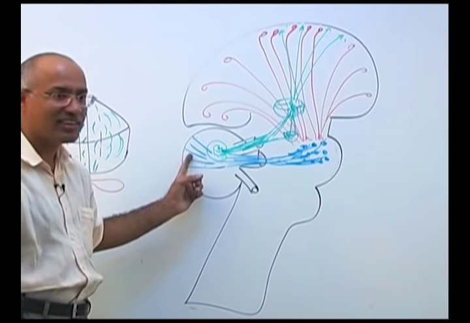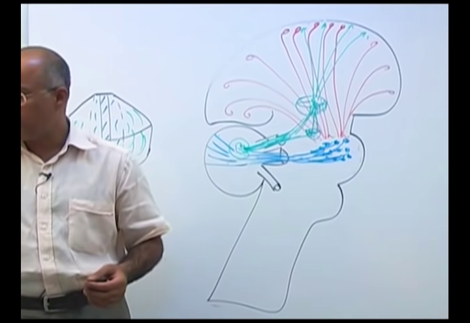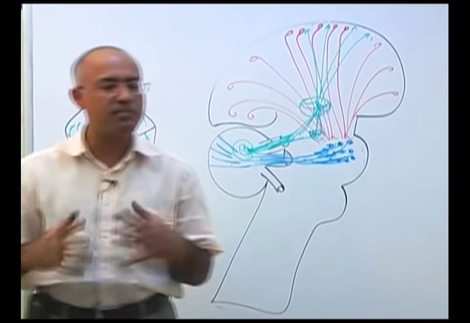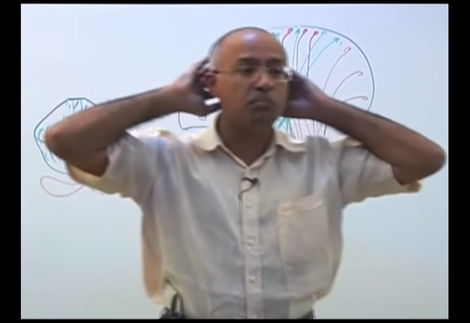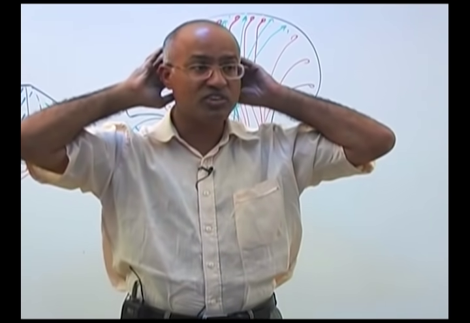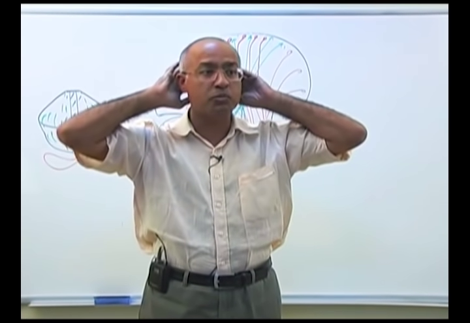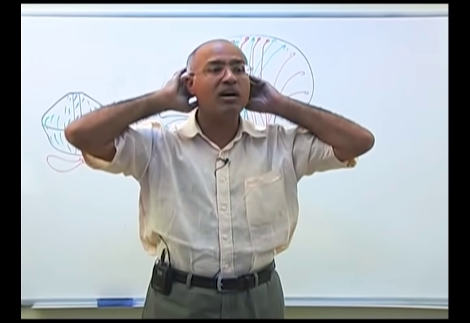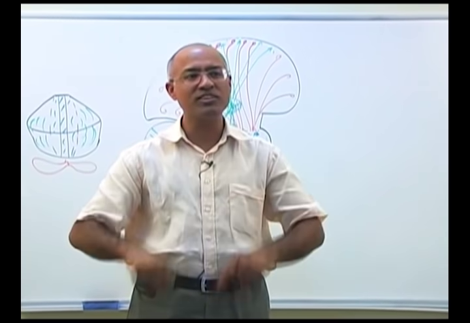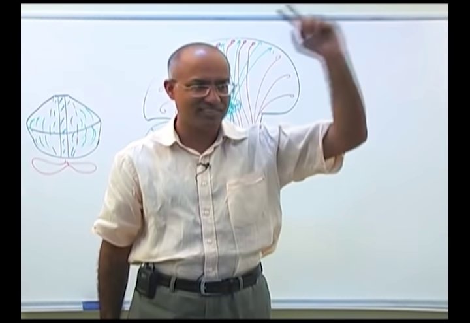So, if we want to put the cerebellum in perspective, the cerebellum is the master controller of movements. It produces precise and coordinated movement and maintains tone and posture appropriately, because it knows what's going on in the field and what the high command wants.